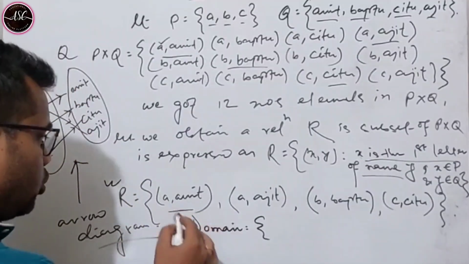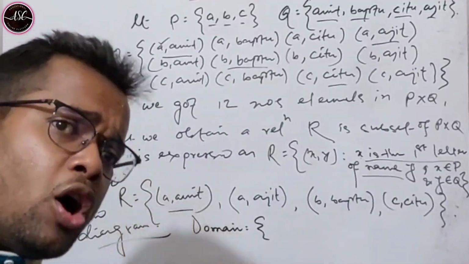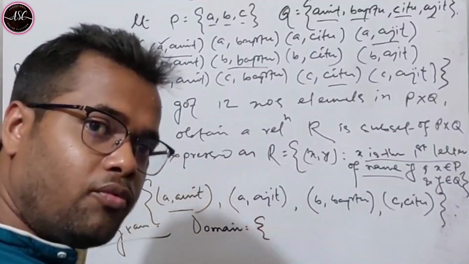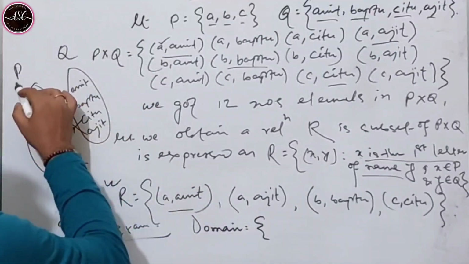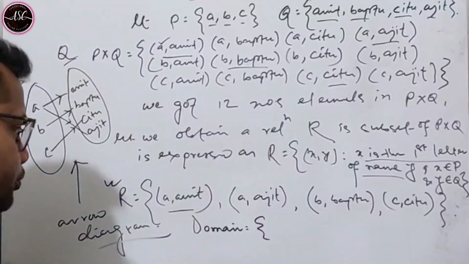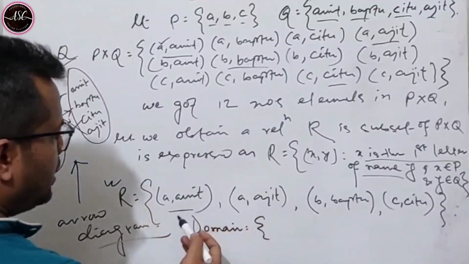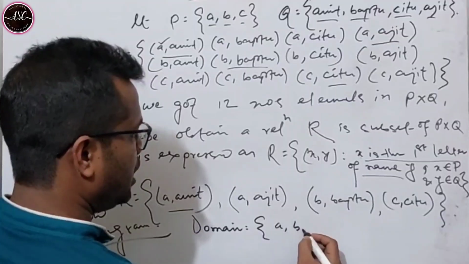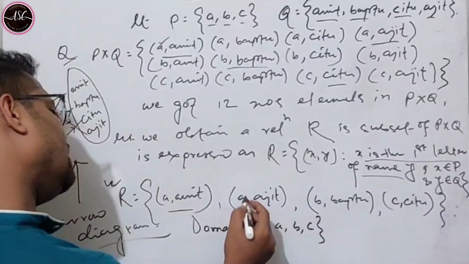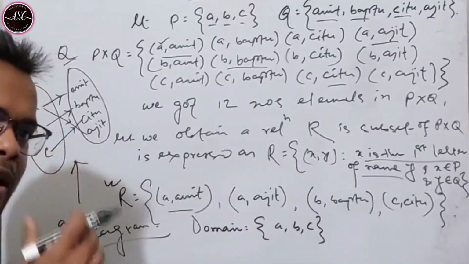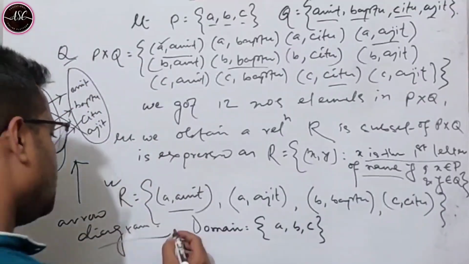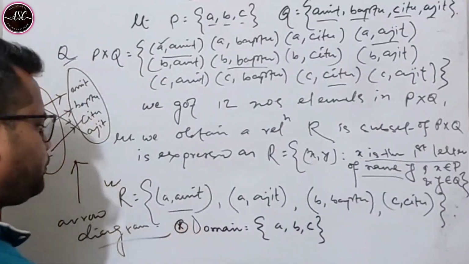So domain is the set of all first elements in a relation from two sets. Look here, the first elements are A, B and C. Here A repeats two times, but we write it only one time. Okay, so this is the domain.